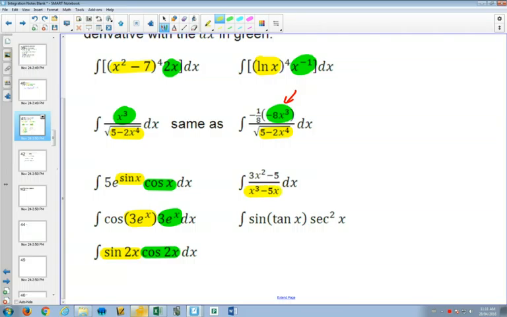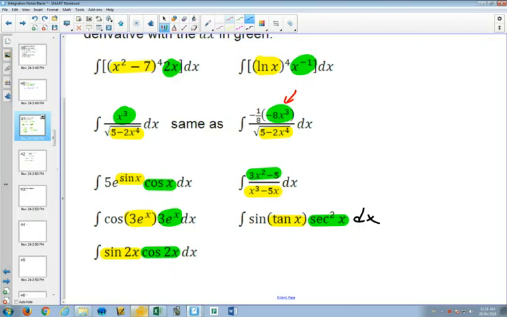Here's a function on the bottom of a fraction, and its derivative is right there. And finally, this last one, which is missing, there's tan x inside of sine, and the derivative of tan is secant squared. That one's missing a dx.